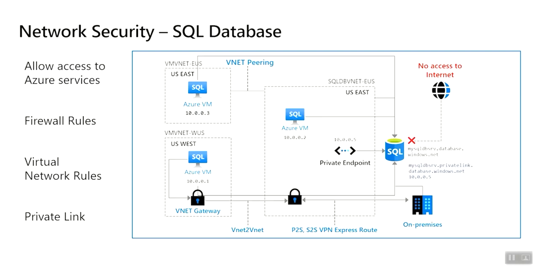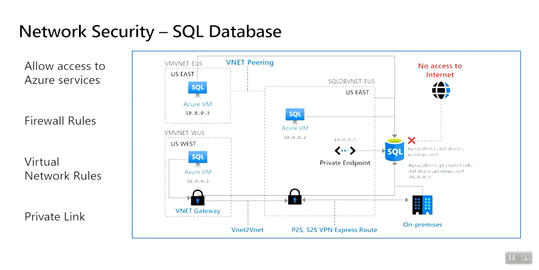So with Azure Private Endpoint, this is a network interface that allows you to privately and securely connect to Azure services through a private link. So private endpoint uses a private IP address from your virtual network so that it effectively brings that service into your virtual network. Now we can also use things like VPN gateway or ExpressRoute to connect our on-premises environment to our Azure Virtual Network.